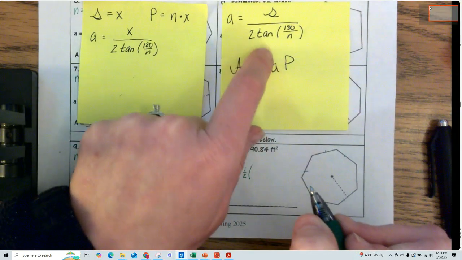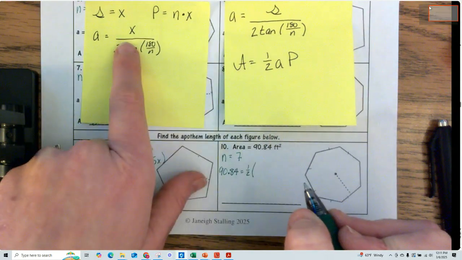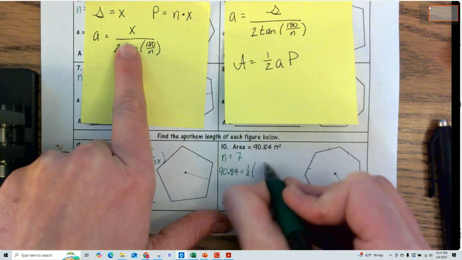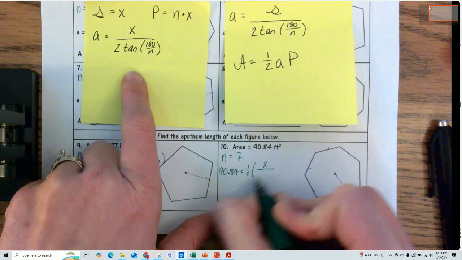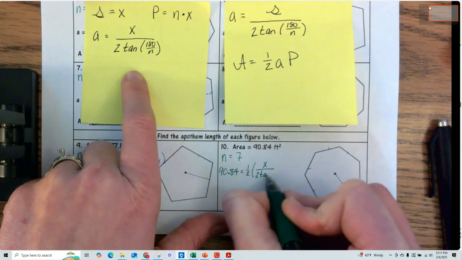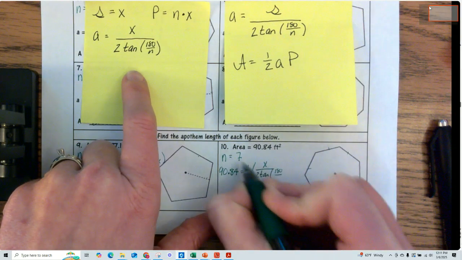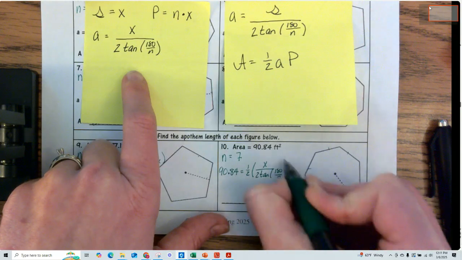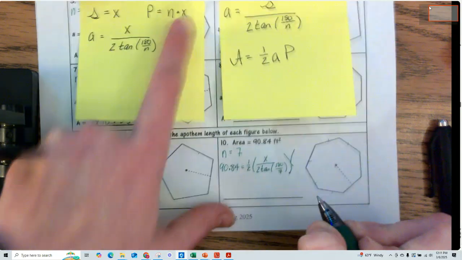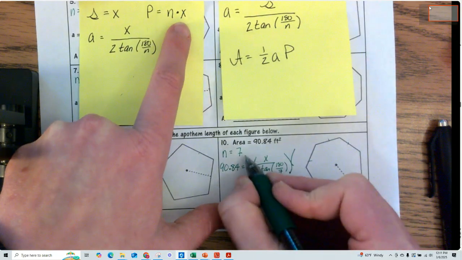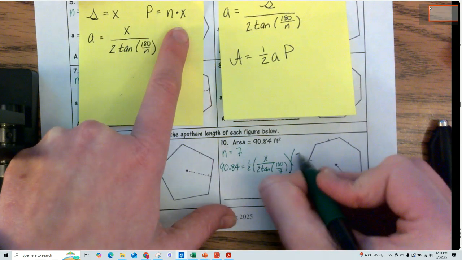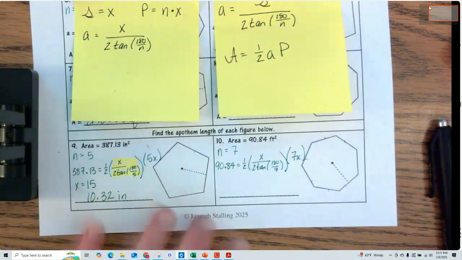All right. Now my side length, or my apothem length, x over 2 tan, and then 180 over the number of sides, 7. And then my perimeter, n times x, number of sides is 7, so this one's going to be 7x.